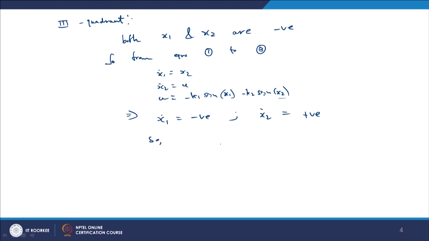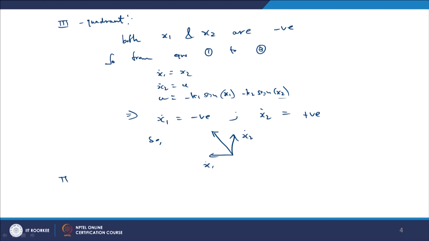So, we have this direction, x2 dot being positive and x1 dot being negative. So, the resultant is in this, that is the state trajectory's direction is in this way.